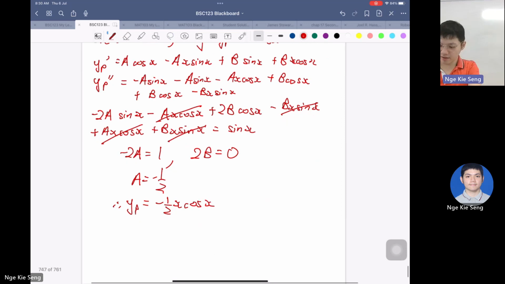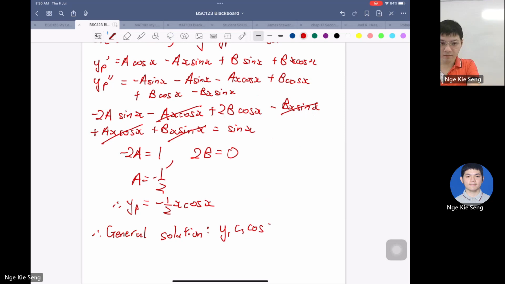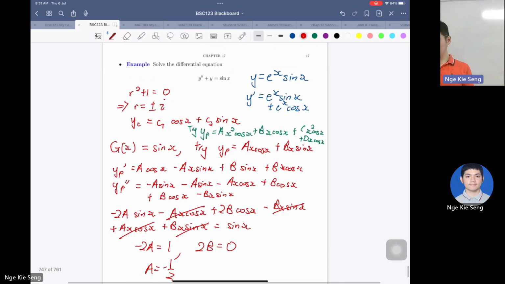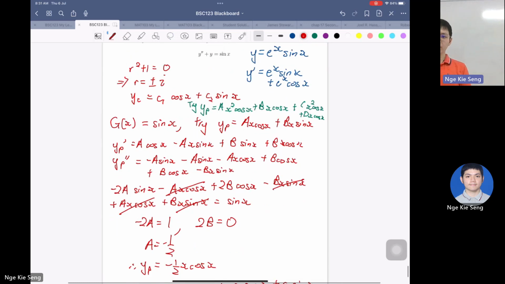Okay, so in general, the solution is the particular solution plus the homogeneous solution. So these are some common g(x) you can solve here.